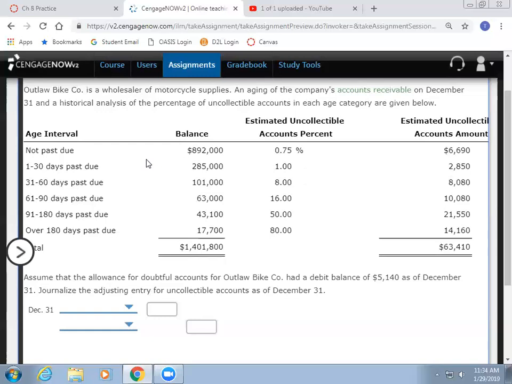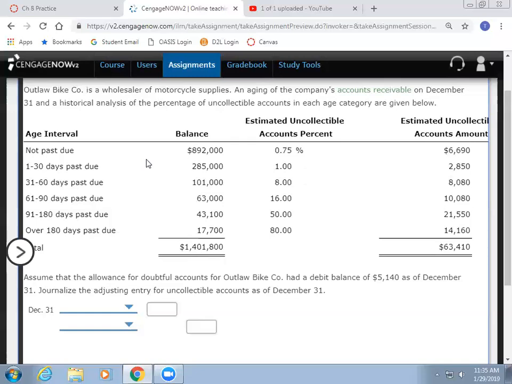So 68,550 minus 5,140 equals 63,410. So that's why when I have a debit balance, I have to add my desired ending balance plus my debit. So you're kind of working backwards in a T account.